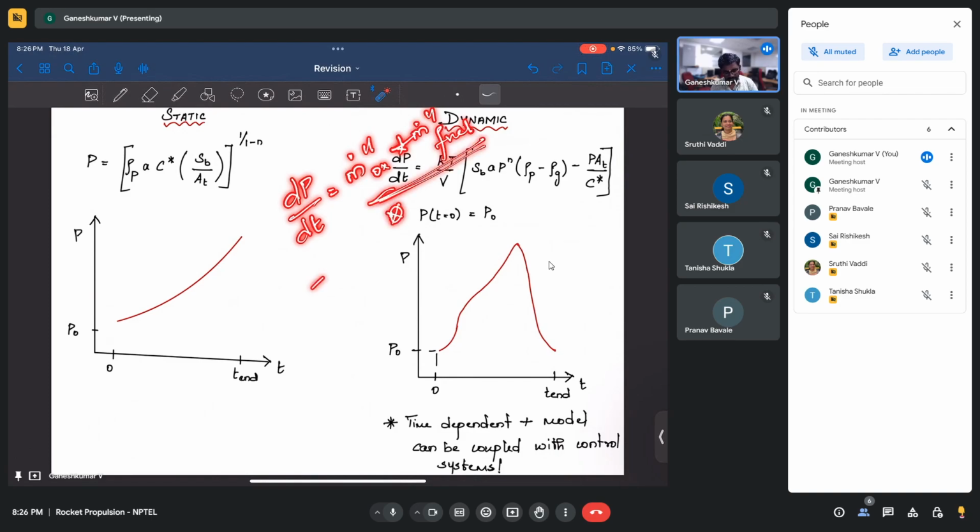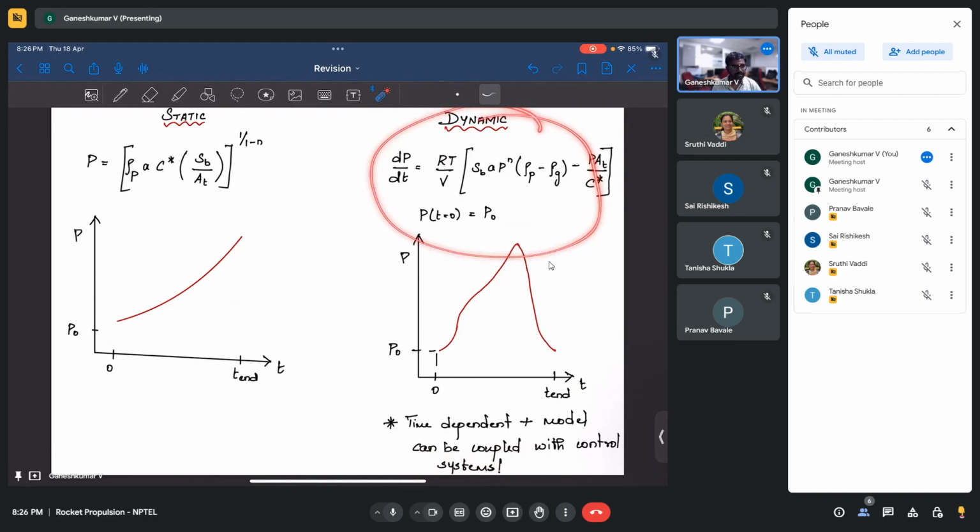If you know this relation, you can use it as a dynamical model and integrate it with your control system. You set the pressure you need to maintain: if the pressure goes high, reduce the mass flow; if the pressure goes low, increase the mass flow rate. All those control system analyses you can do only if the model is dynamic. That is the reason you have this dynamical system.